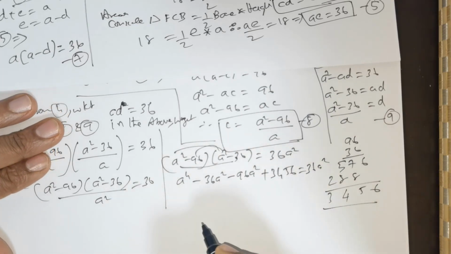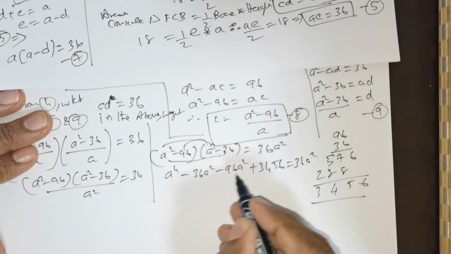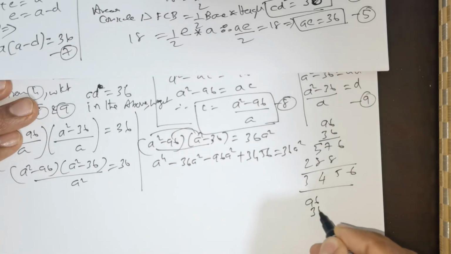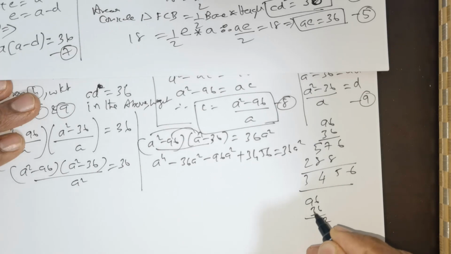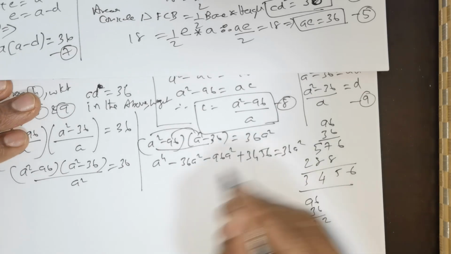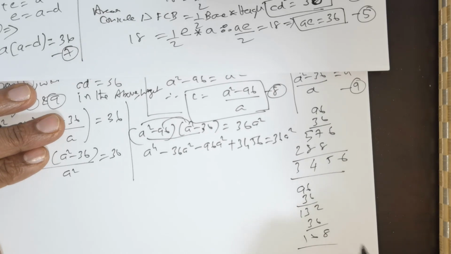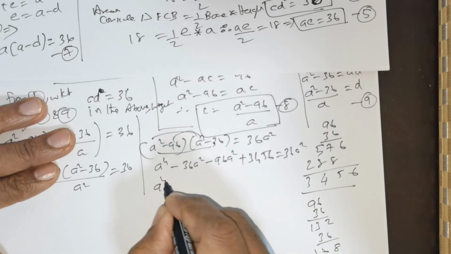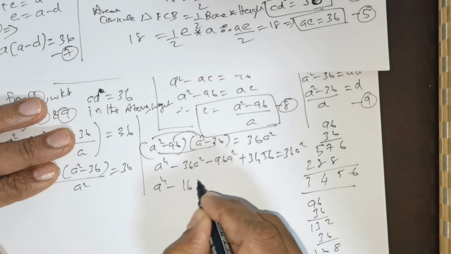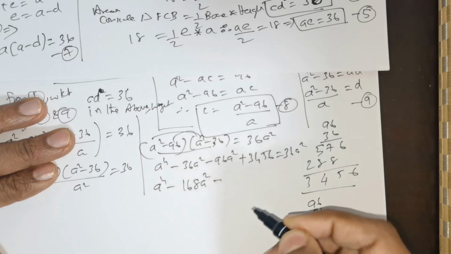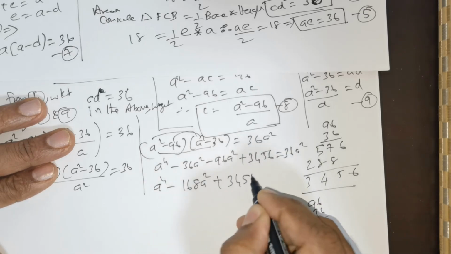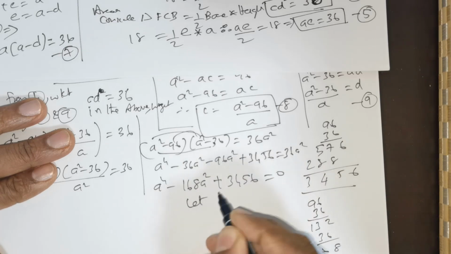So bring this to this side. 36 plus 96 is 132, and then this is another 36, so it's going to be 168. So A to the power 4, minus 168A squared, plus 3456 is equal to 0.